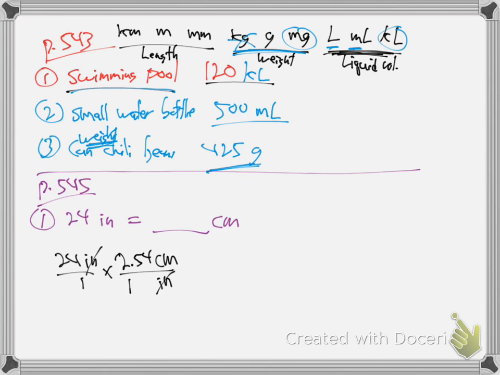So 24 times 2.54. Is that going to be multiply or divide? Multiplication, because it's on the top. So I got 60.96.